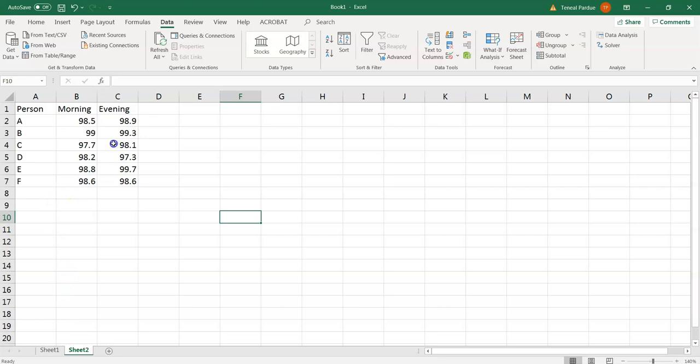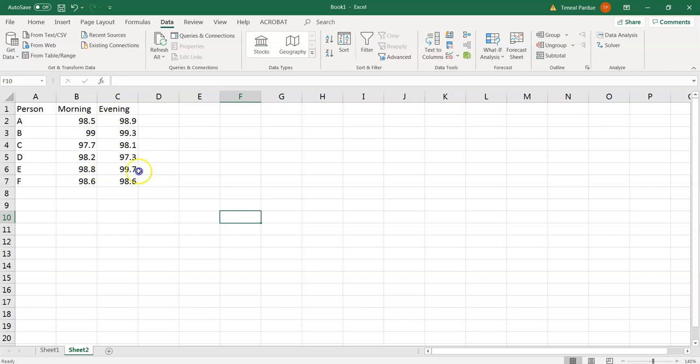And in this one, we've got, for a bunch of people, their morning temperature in degrees Fahrenheit and their evening temperature. So this would be an example of matched pairs data because we've got person A with two different measures on that same individual. Person B, two different measures on that same individual.